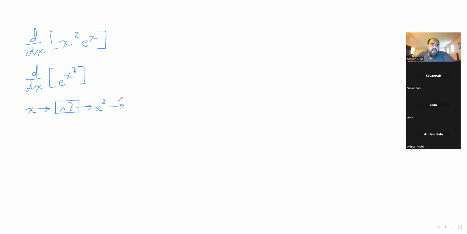And then after that, I take that x squared and I use it as the power to e. So that gives me e to the x squared, which is equal to, now let's call these different things. I'll call this f. I'll call this g.